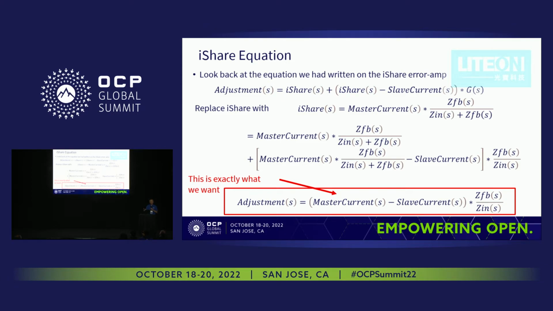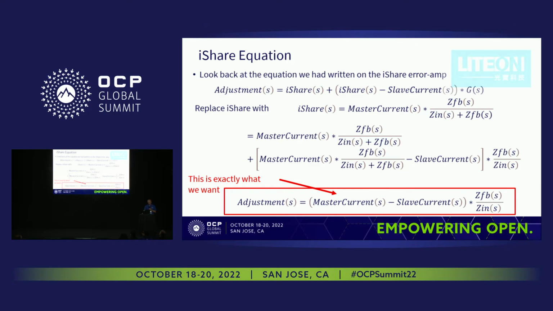The magic of this is, for a power supply, you do not have access to the master current. The master current is inside, going through a bunch of filters, so the iShare signal is not the true master current.